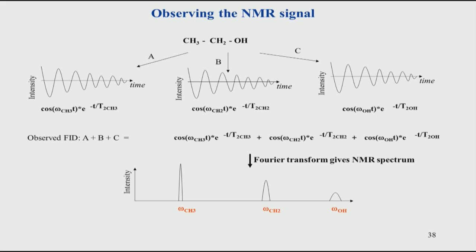This is where the quantification aspect of NMR comes into the picture. The whole quantification depends on the area of the peak. So, we look at area to decide how many hydrogens are there and what the concentration is. For example, if I take a mixture of ethanol and methanol, a mixture of 2 different molecules, at 2 different concentrations, the area of the peaks of ethanol will be proportional to its concentration.